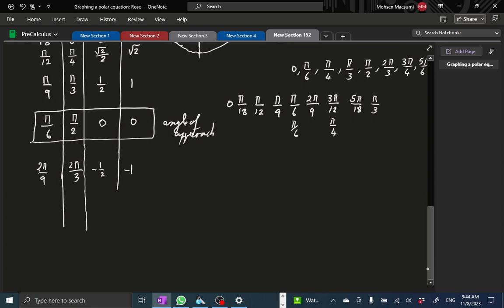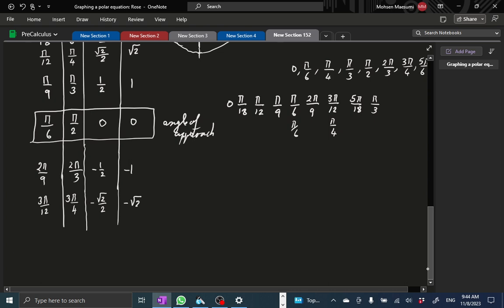So we have next 3 pi over 12, triple it, pi over 4. Cosine of that is radical 2. Excuse me, 3 pi over 4. Cosine of that is minus radical 2 over 2, and double of that would be minus radical 2.